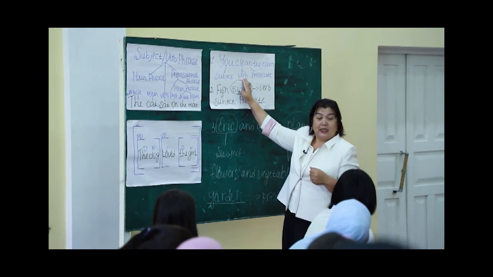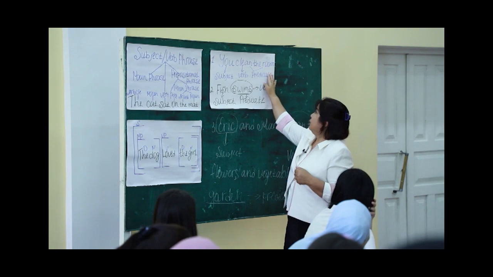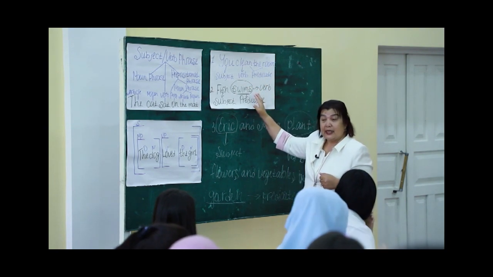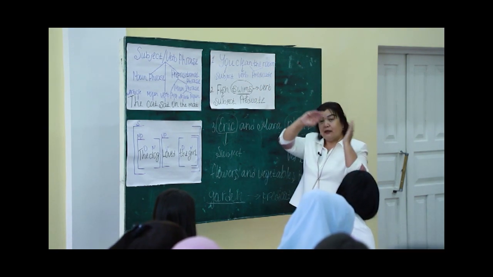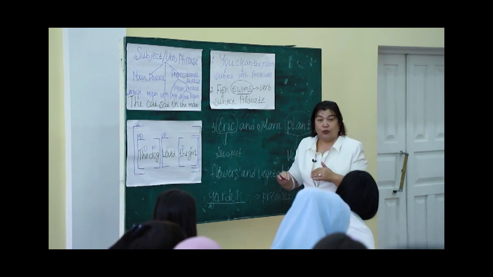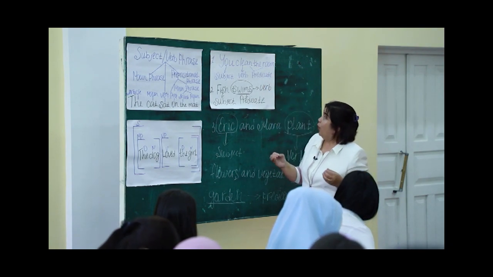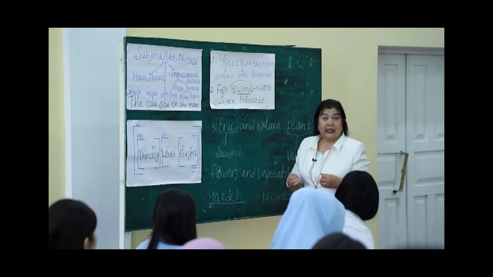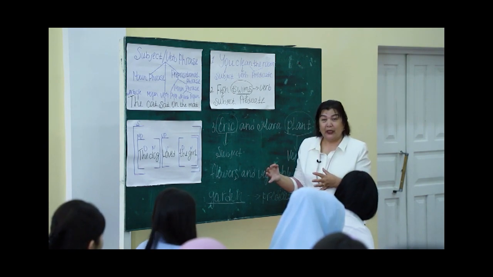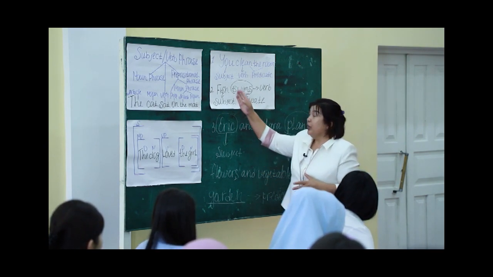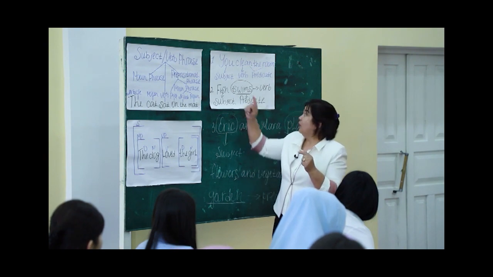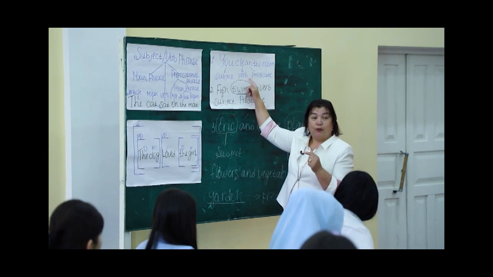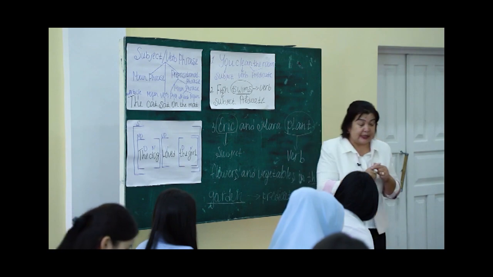Clean, it is verb. Clean the room, it is predicate of a sentence. If we give again the question to the word room, what do we clean? The room. It will be the object. So in simple sentences, we have the subject and verb or the predicate of a sentence.